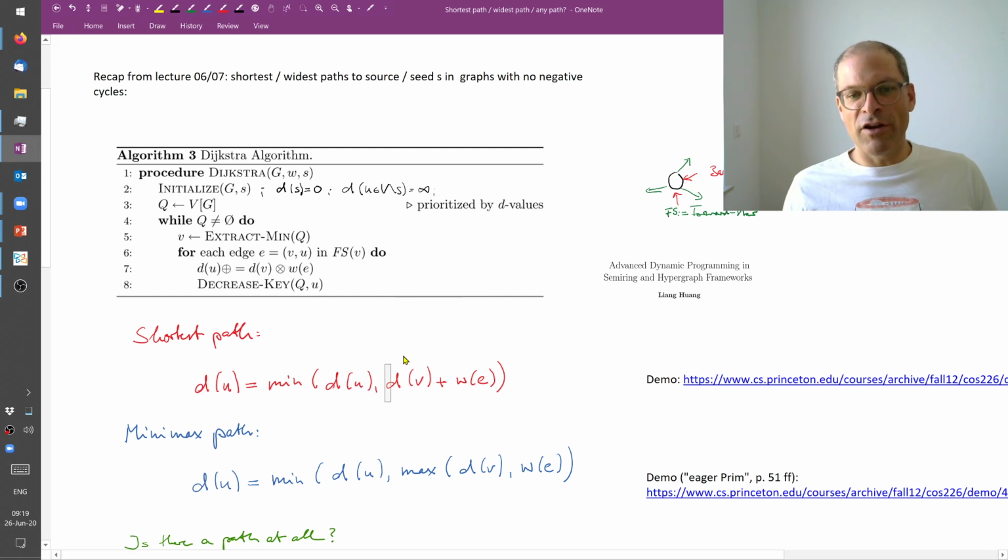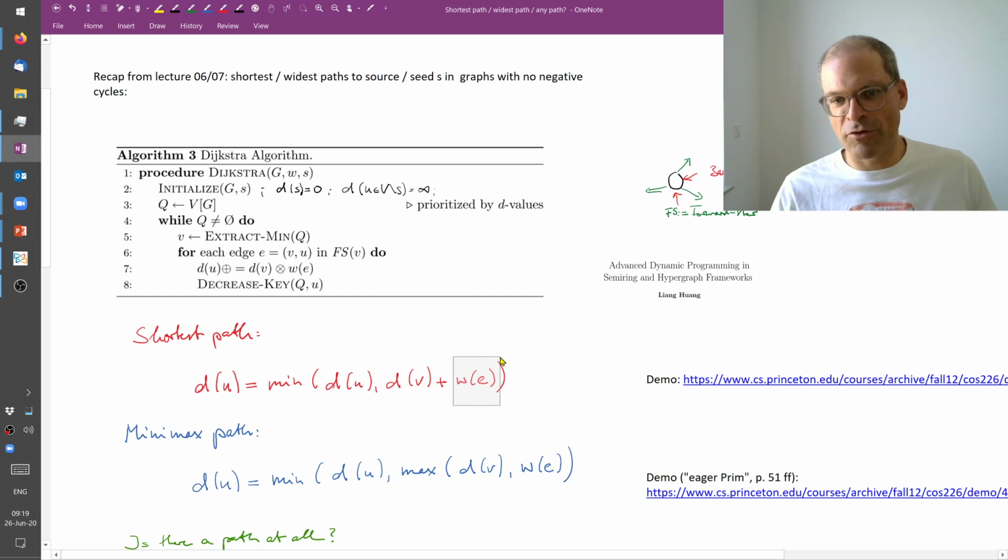And we now have a new alternative path, namely the cost of going up to V plus the cost for going from V to U, so the cost of going along edge E. And now we ask, which of these two is smaller? And well, if the newly found path is smaller, then its cost replaces the old cost. And that gives us the classical shortest path.